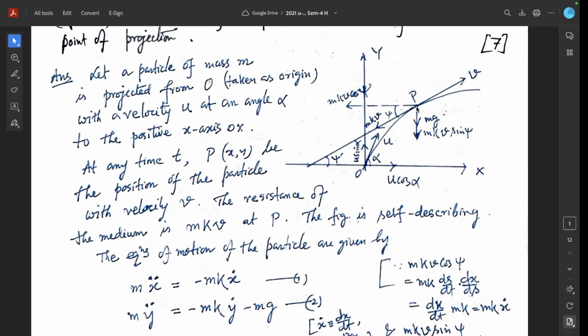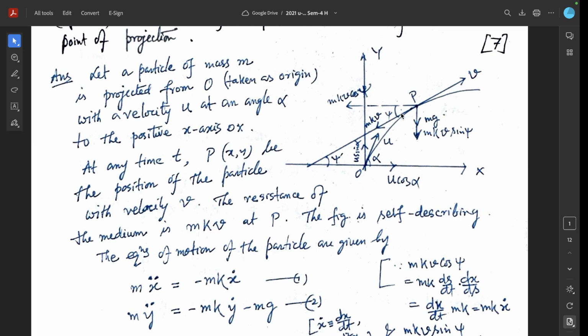At any time t, P is the position of the particle of mass m, moving in this direction. The direction of velocity is this, so the air resistance is mkv in this direction, and the weight is mg in the downward direction.